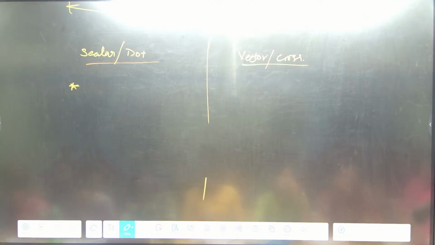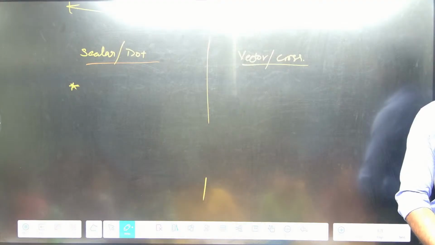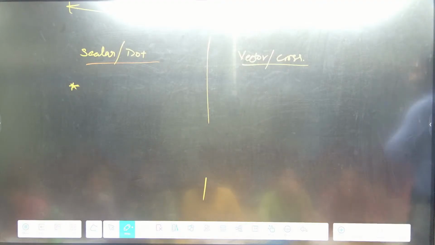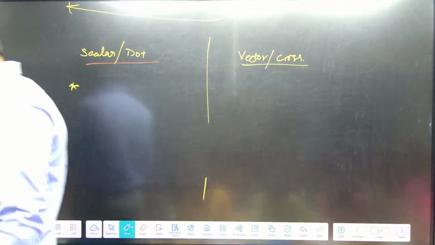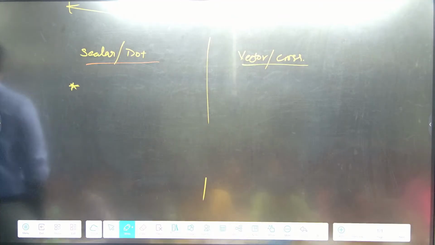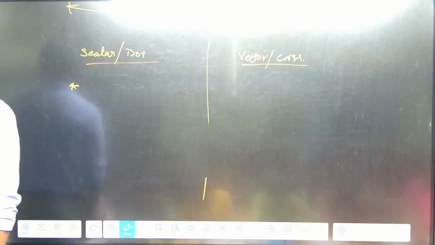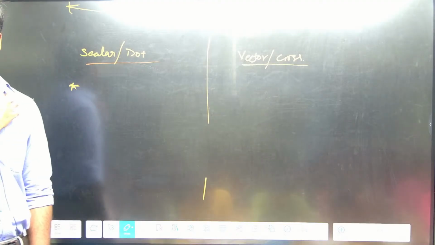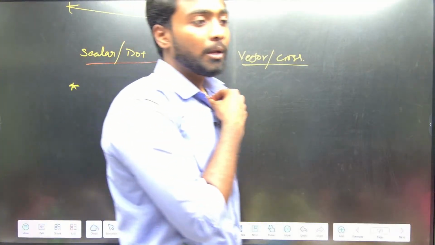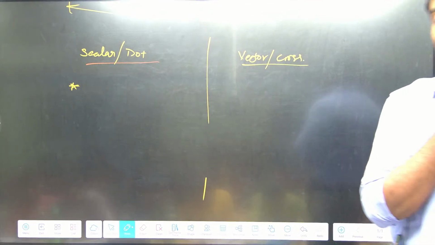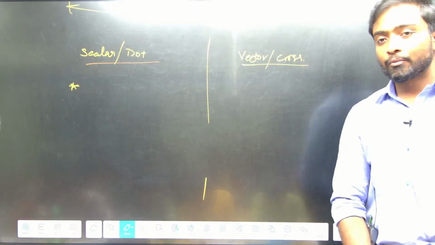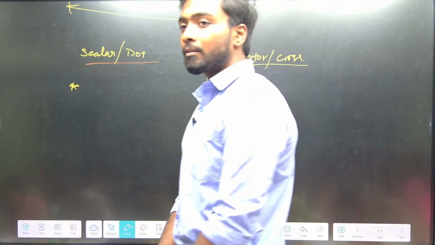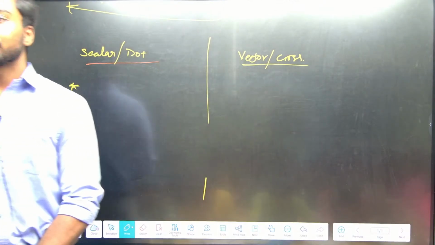Listen. When multiplying two vectors by using a dot product or a scalar product, the resultant will be a scalar.